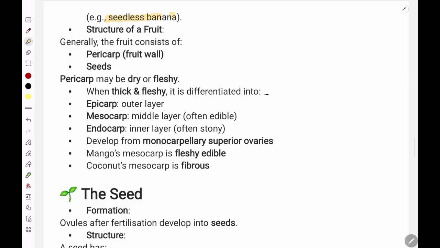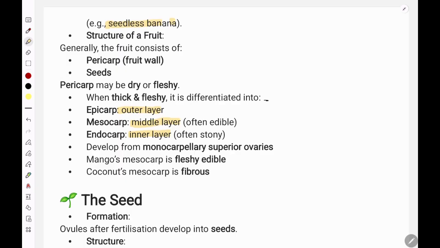The pericarp itself is divided into the outer layer, that is epicarp, the middle layer, that is mesocarp, and the interior layer, that is endocarp. The endocarp is generally the stony or hard part. Mesocarp is edible, and the outer layer is just the covering of the fruit.